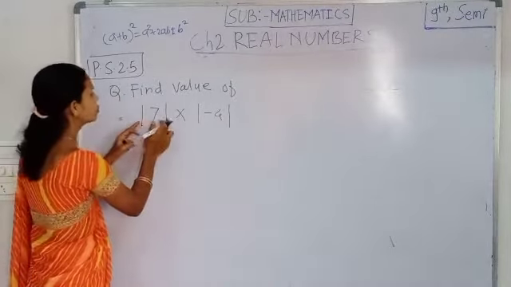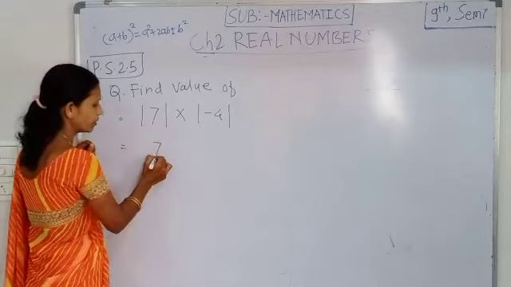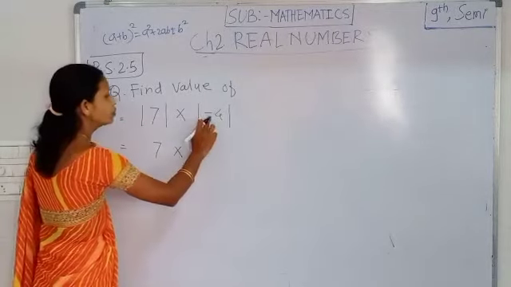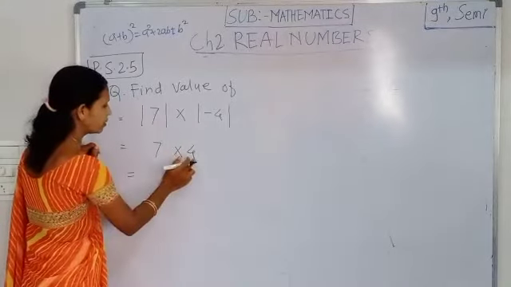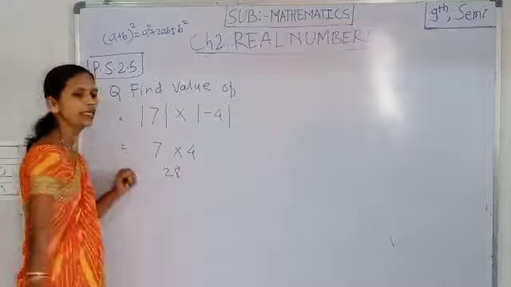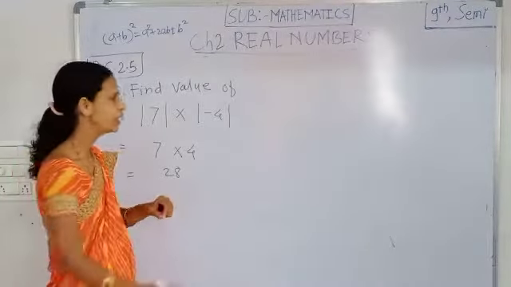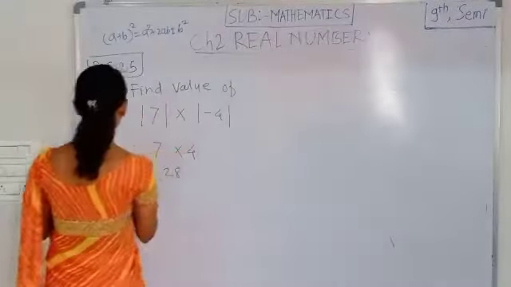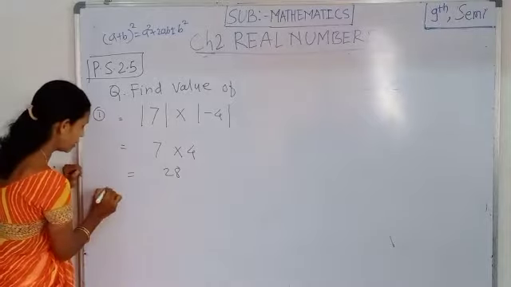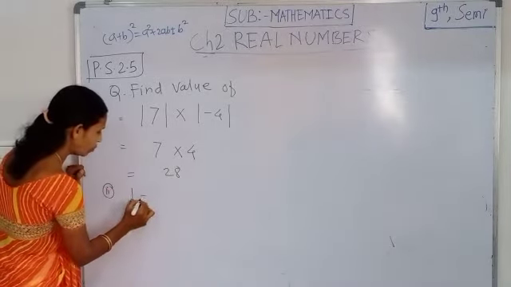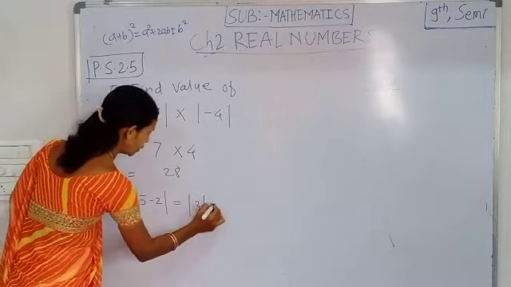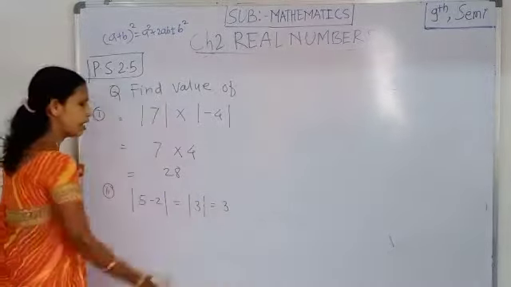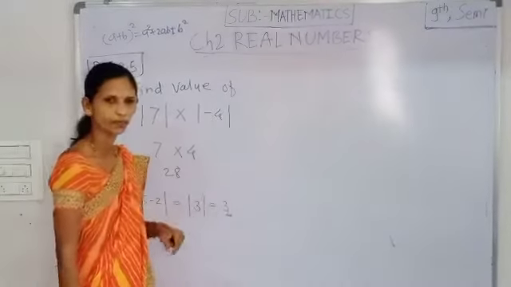Absolute value of 7 is 7, into absolute value of minus 4, that is 4. Therefore, we get 7 into 4, that is 28. Similarly, for one more example, absolute value of 5 minus 2, we get absolute value of 3. Therefore, the answer is 3.